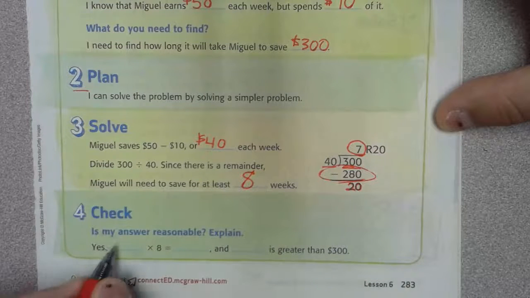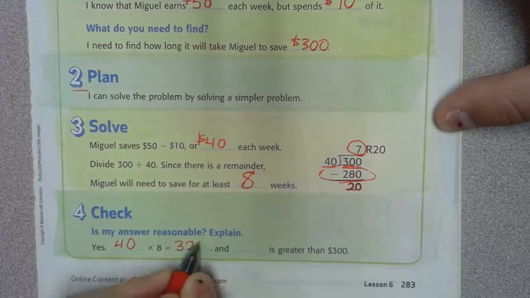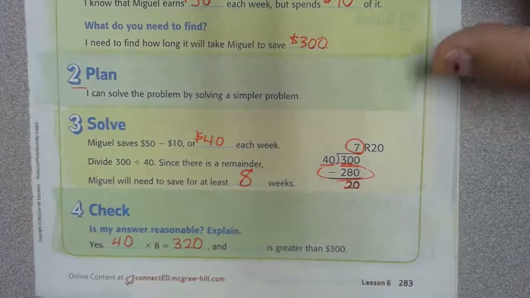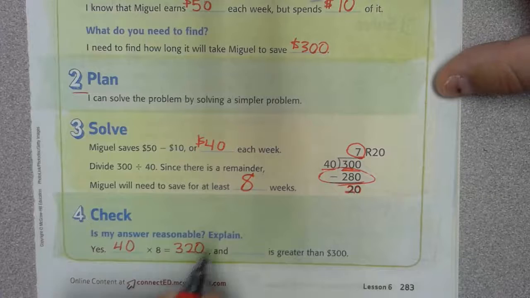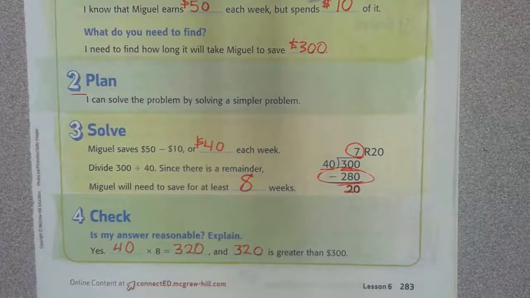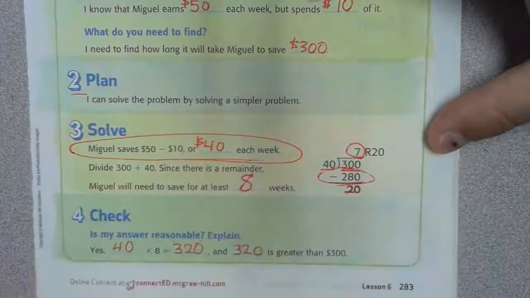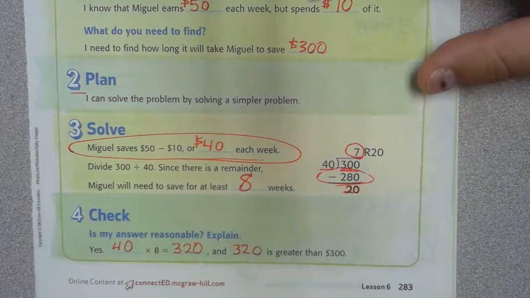So the answer would be yes, $40 times 8 equals $320. So if he did $40 a week times 8 weeks, he's going to have 320, which is greater than 300. So this was the simpler problem we had to figure out first in order to get to our answer.